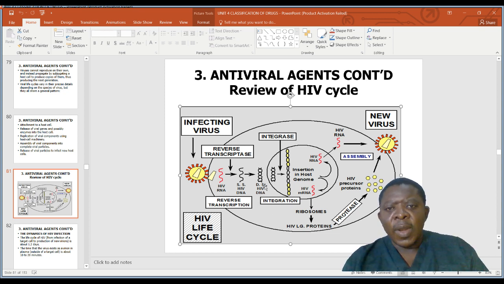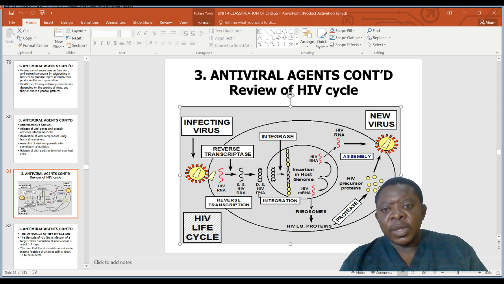Now we have a new host DNA with the HIV genetic information.